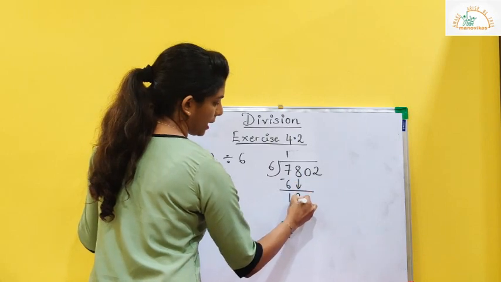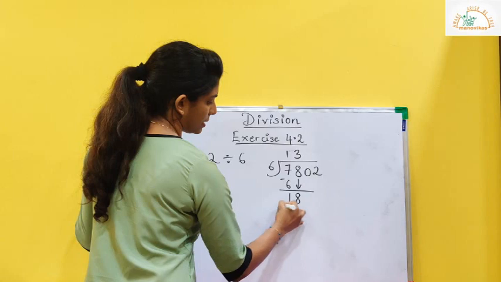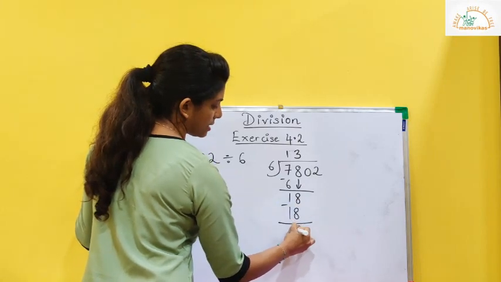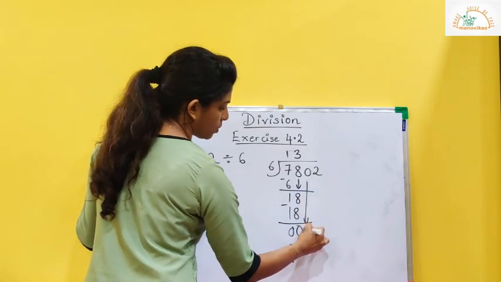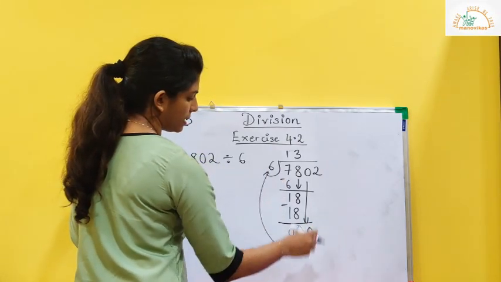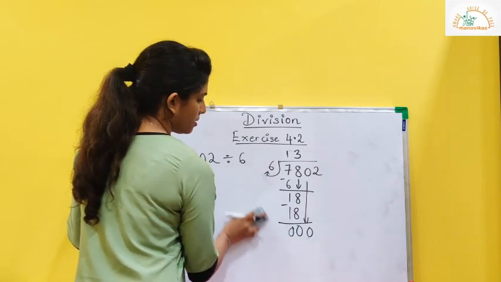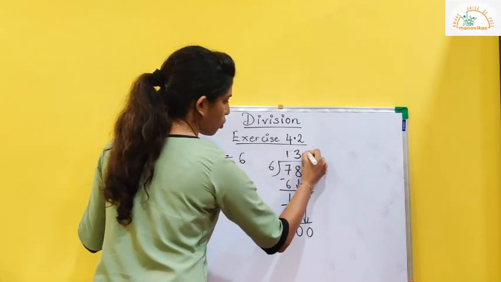Bring down 8. 6 3s are 18. 18 minus 18 is 0. Now bring down 0. Now if you see here, 0 is smaller than 6. So what do I do? I add 0 in the quotient.